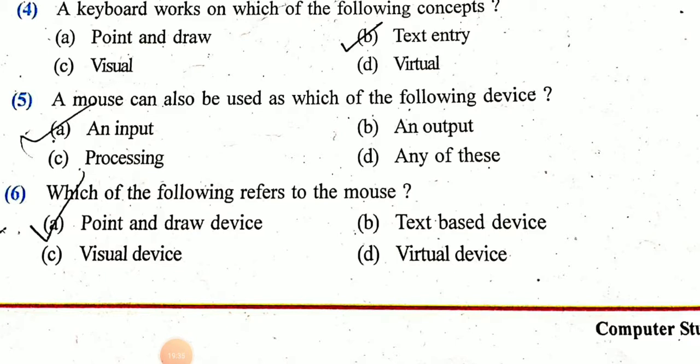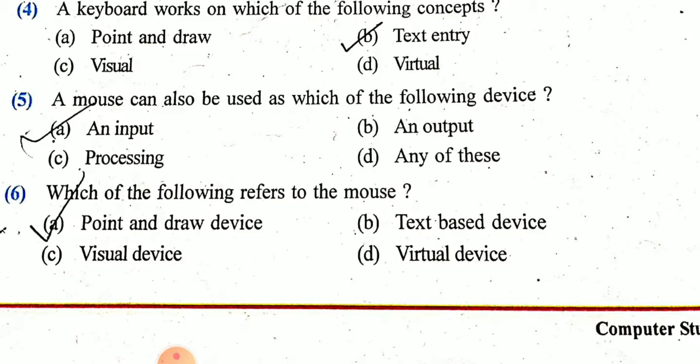A mouse can also be used as which of the following devices? Your options are A. An input, B. An output, C. Processing and D. Any of these. So here your answer will be an input. Mouse is called an input device.